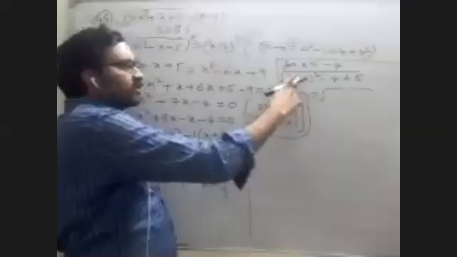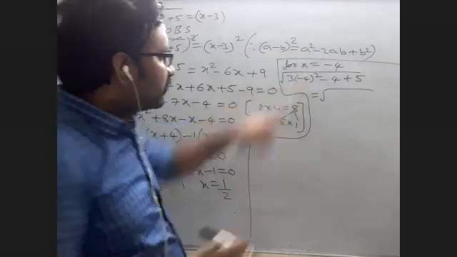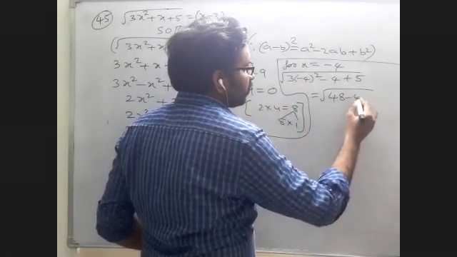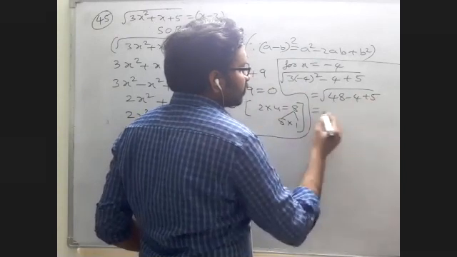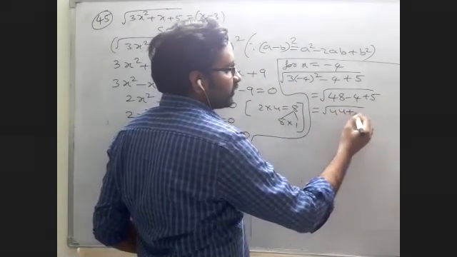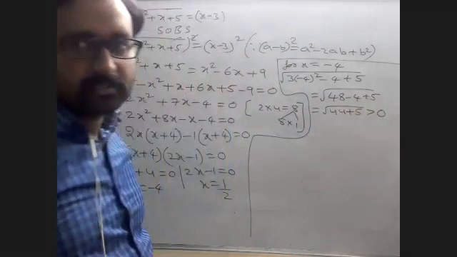Minus 4 whole square is plus 16, 3 into 16 is 48, minus 4 plus 5. That is root over 48 minus 4, which is 44, plus 5, always greater than 0. So it is correct.